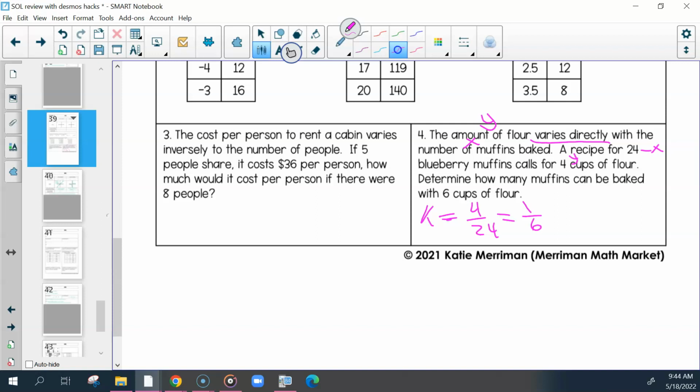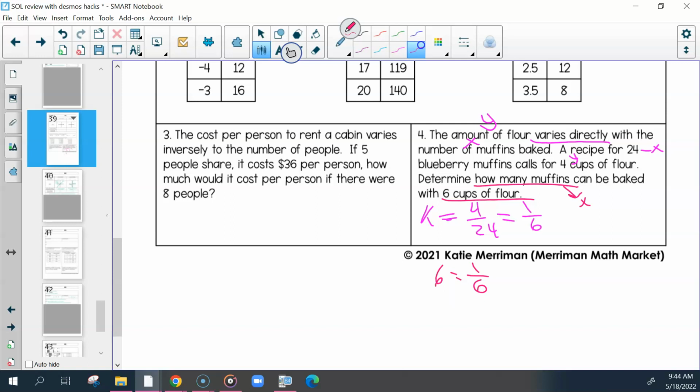And then we can use that for our last piece. Determine how many muffins can be baked with 6 cups of flour. What are we looking for, X or Y? X, because this is the number of muffins. So we would have our Y equals our K, 1/6 X. Wait, is Y the amount of flour?